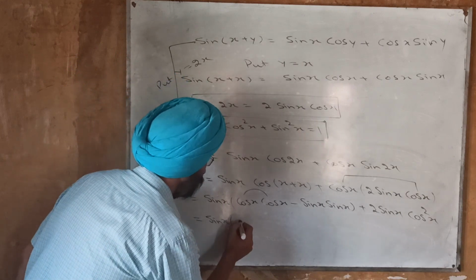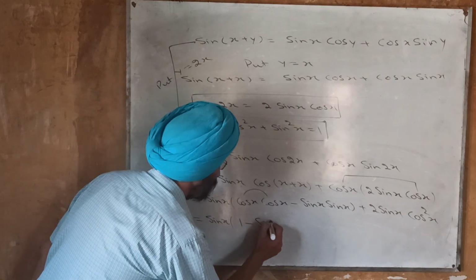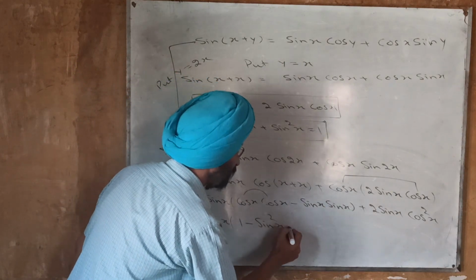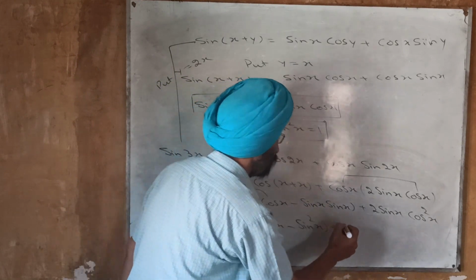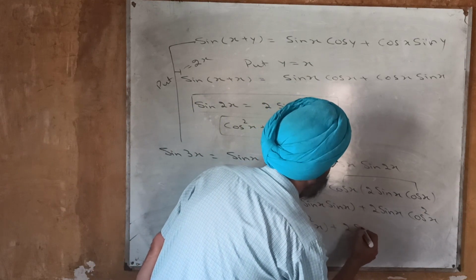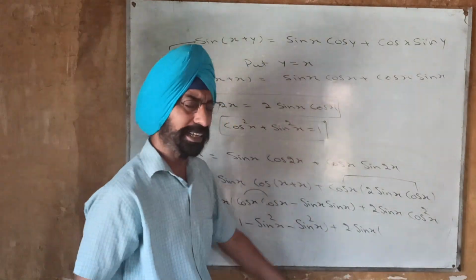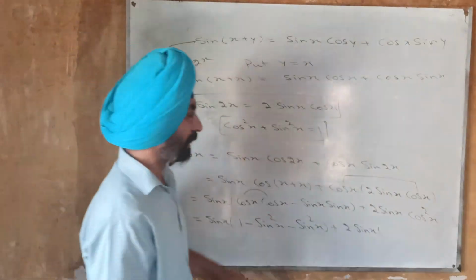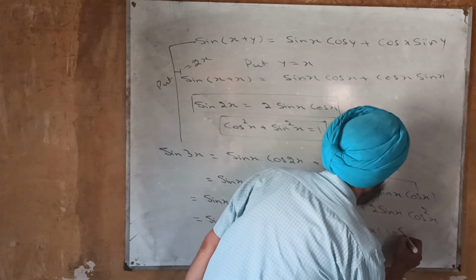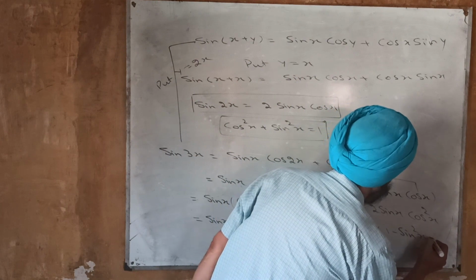So this will become 1 minus sin square x, and further there is one more sin square x with negative sign, plus 2 sin x, and here again this cos square x, I am replacing cos square x by 1 minus sin square x.